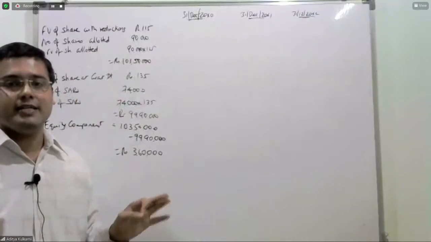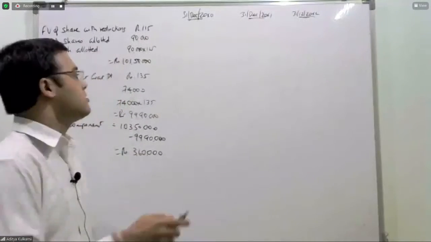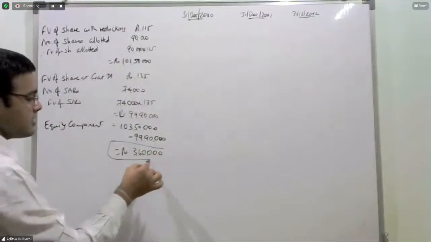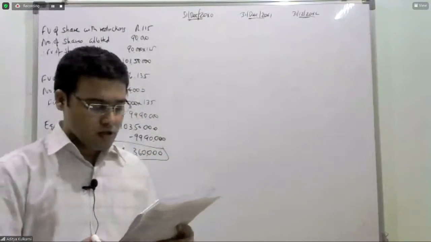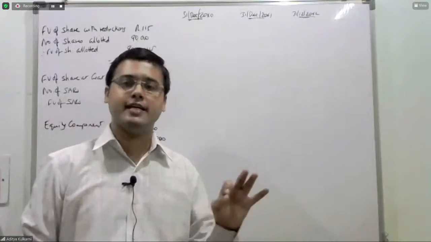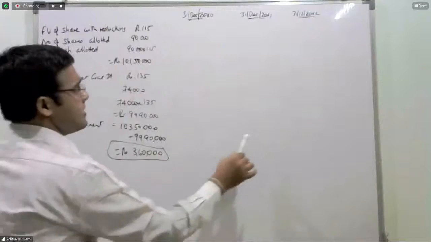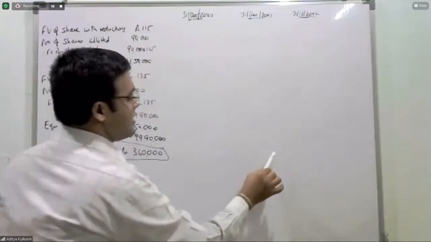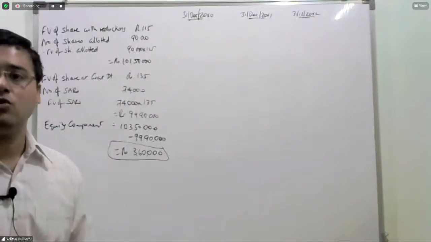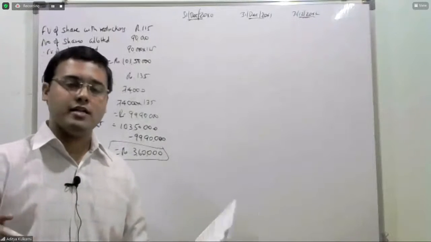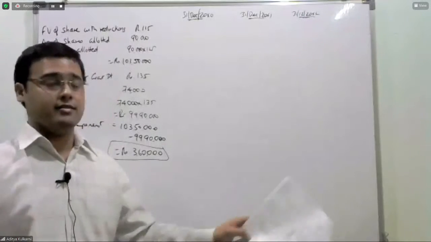Now what the standard tells, once you have done this, the 3,60,000 equity component, you will be spreading it on a straight line basis over the vesting period. So what is my vesting period? 3 years. So 1,20,000, 1,20,000, 1,20,000 over the 3 years.